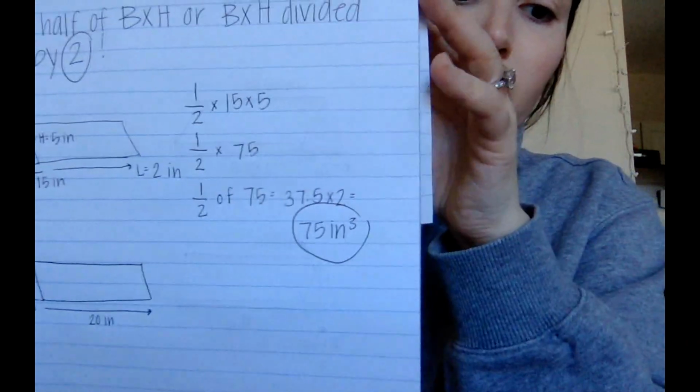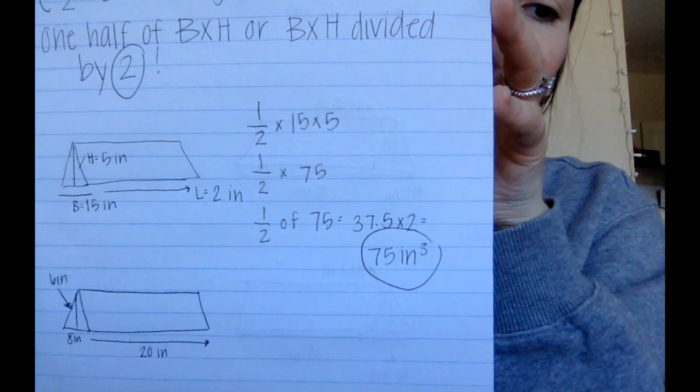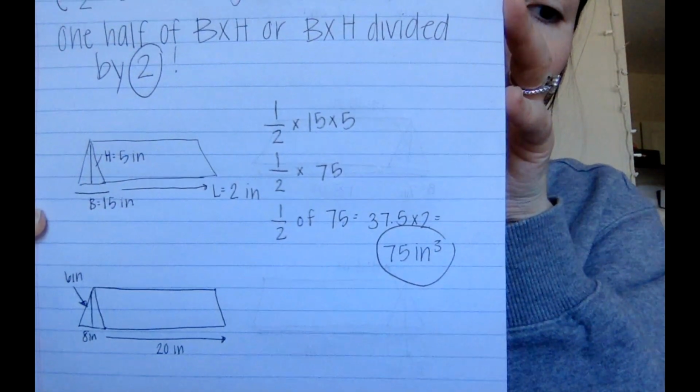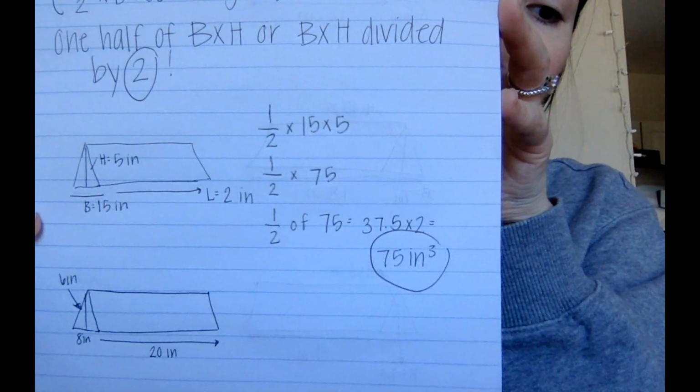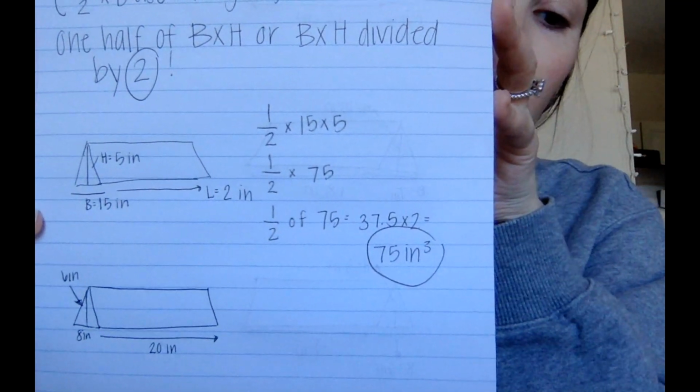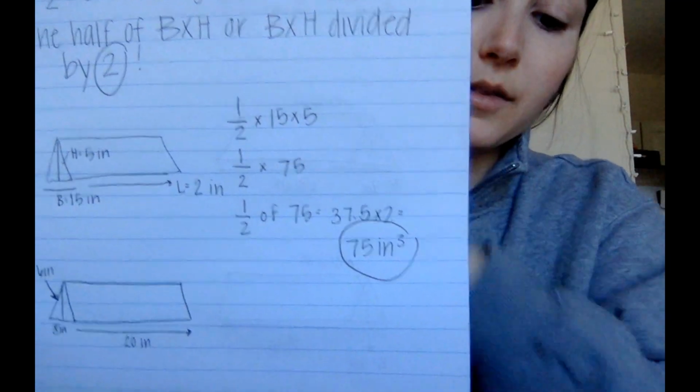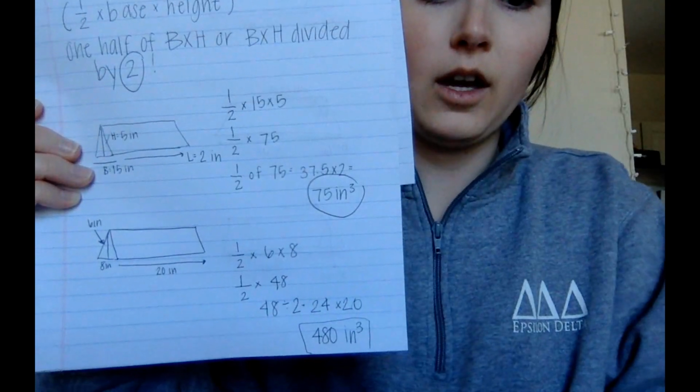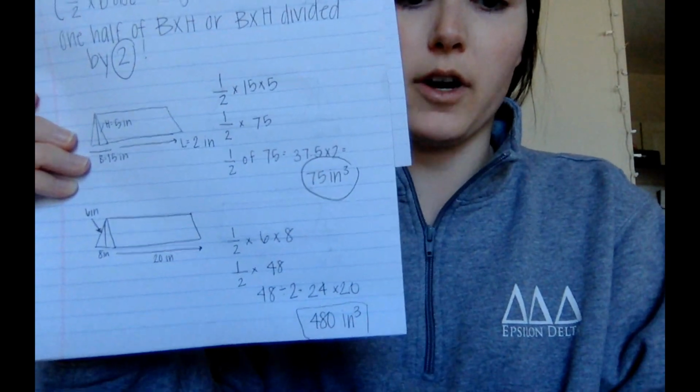I did 1/2 of 6 times 8. My area of my triangle is what I'm finding first always. That becomes 1/2 times 48. 48 divided by 2 is 1/2 of 48, just a different way to write it, which I found was 24. Then I multiplied 24 by my third dimension, the length, and I got 480 cubic inches.